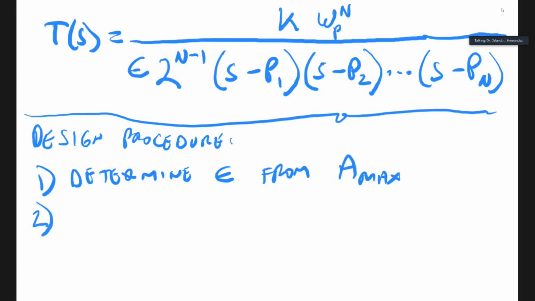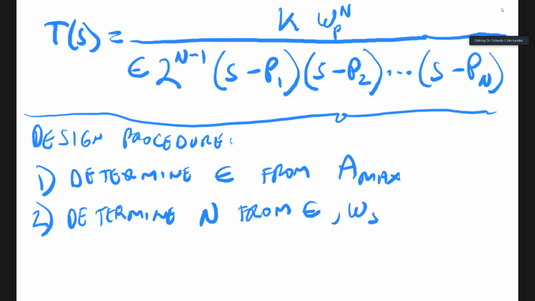Then we determine the order of the filter now that we have epsilon, and we're also given a stop band frequency and a passband frequency.